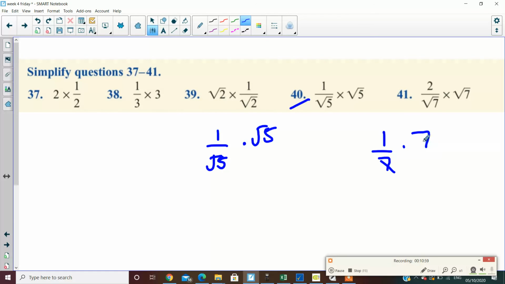These numbers cancel and become 1. Using that logic, what do you think the answer for 40 is? 1. The root 5 divided by root 5 is 1. 1 times 1 is 1. Yes. And what's 1 divided by 1? Cancel doesn't mean it turns into 0, it means it turns into 1.